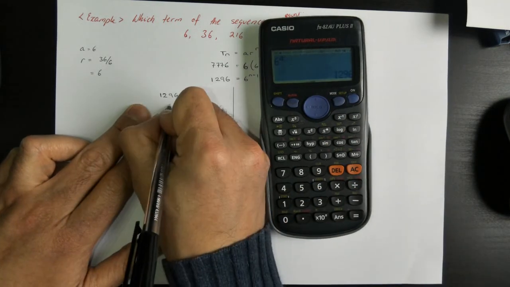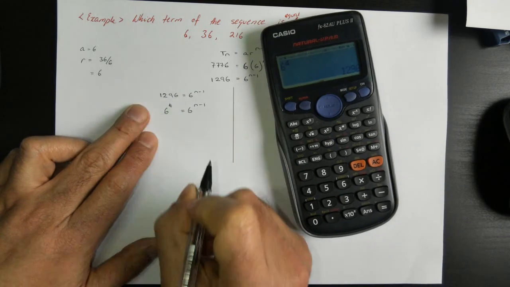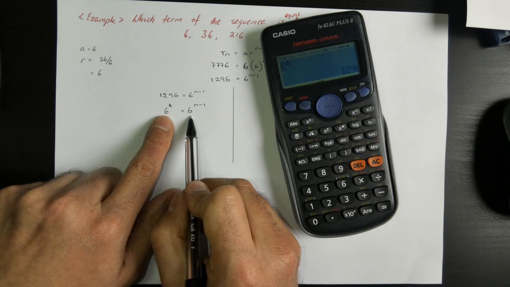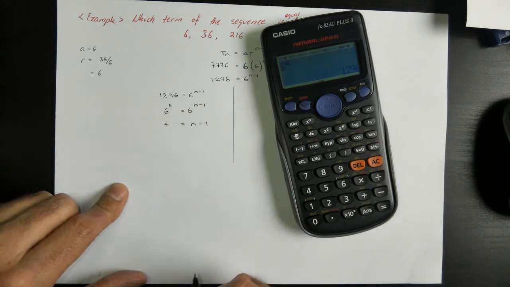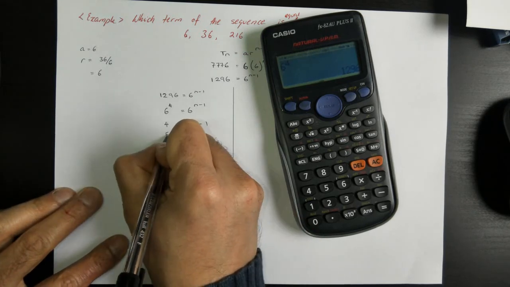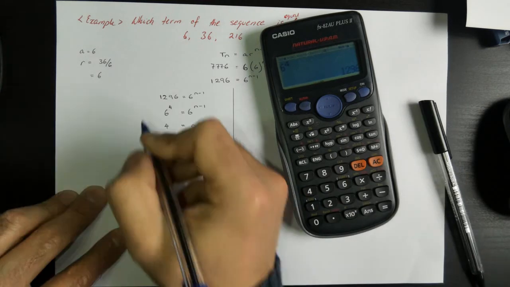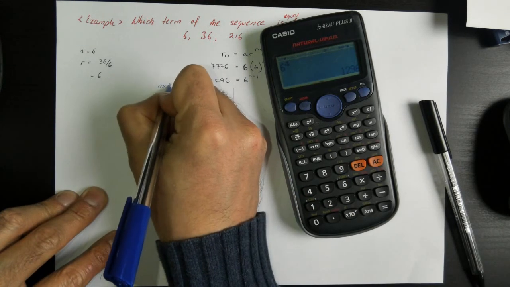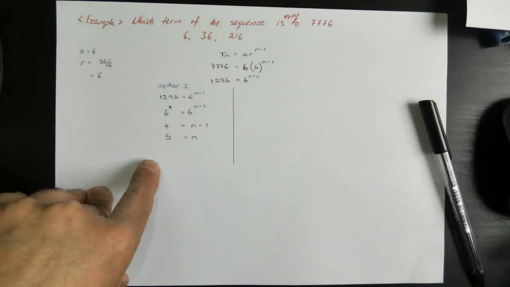Oh, perfect. 6 to the power of 4 is equal to 6 to the n minus 1. As they've got the same base, that means that 4 is equal to n minus 1. Alright, so therefore n equals 5. So that's method 1, which is kind of the trial and error.